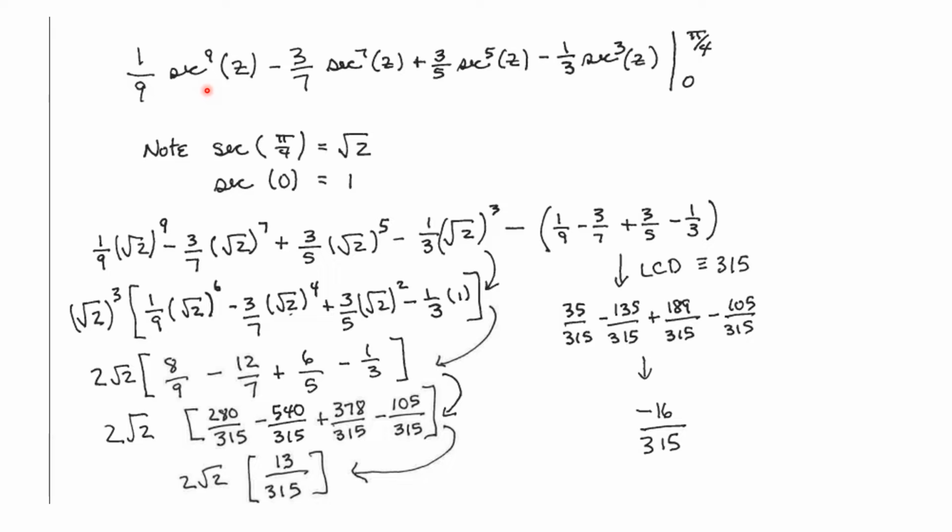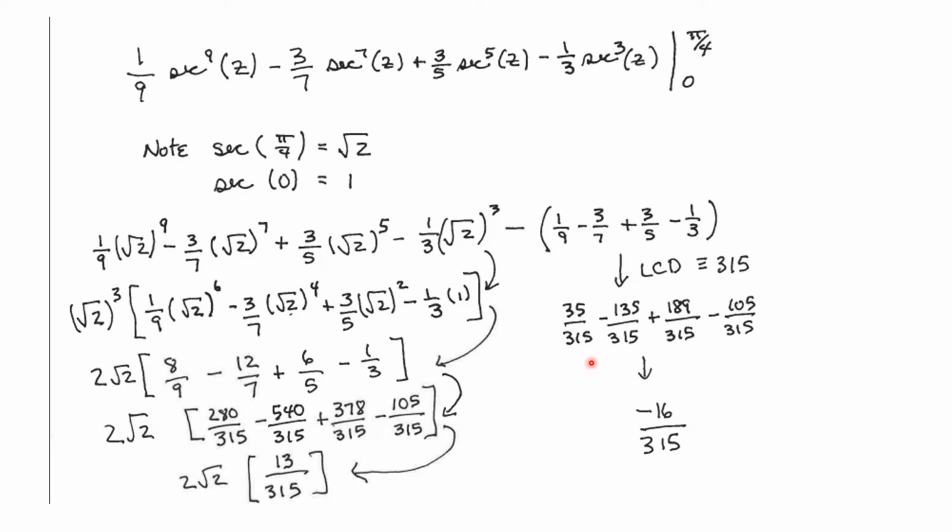All of these secants raised to various powers are going to yield 1, and so this is what we get. So we're going to be minus 1 over 9 minus 3 over 7 plus 3 over 5 minus 1 over 3, and of course, as always, the parentheses are important. Now, when you deal with just the thing that's in the parentheses here, the least common denominator that you can get is 315.